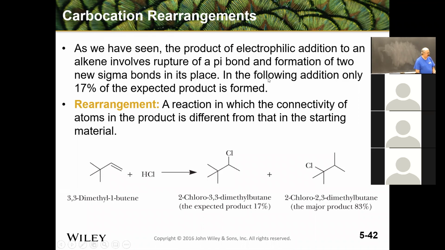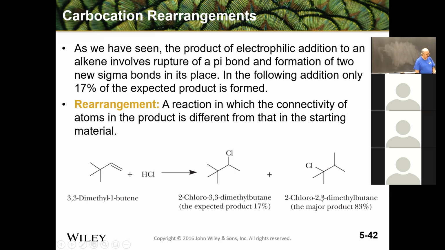In the following addition, only 17% of the expected product is formed, and the reason is rearrangement. If we start out with 3,3-dimethyl-1-butene and add HCl, rich get richer, hydrogen goes to number 1, chlorine goes to number 2, but we only get 17% of this product. Instead, this is the major product.